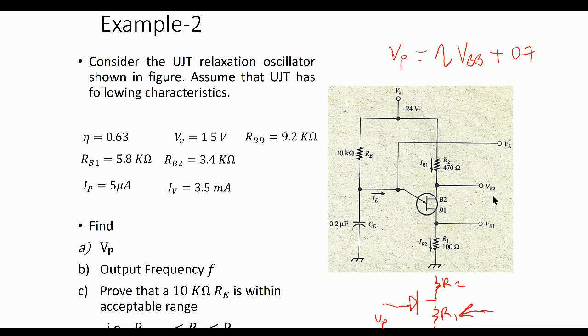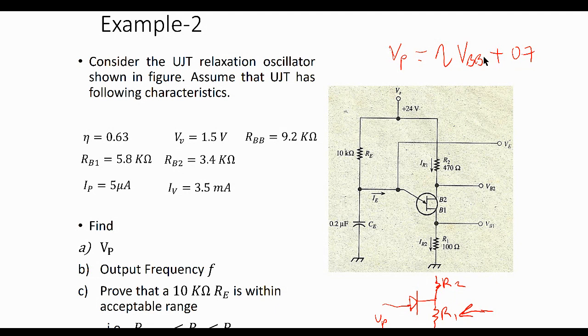What is the VBB? Just apply a voltage divider to get VBB, then substitute it into this expression. You have the intrinsic standoff ratio, and it is very simple thereafter to calculate your peak voltage.